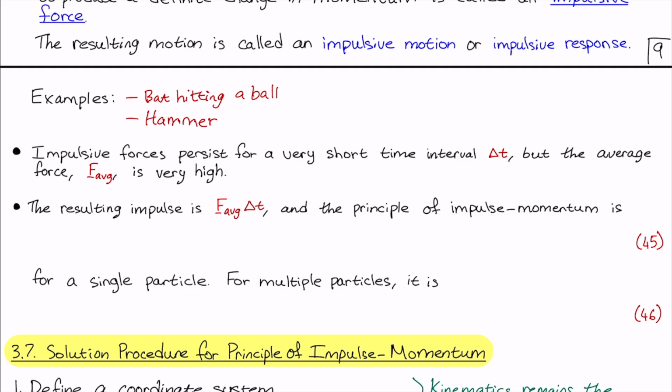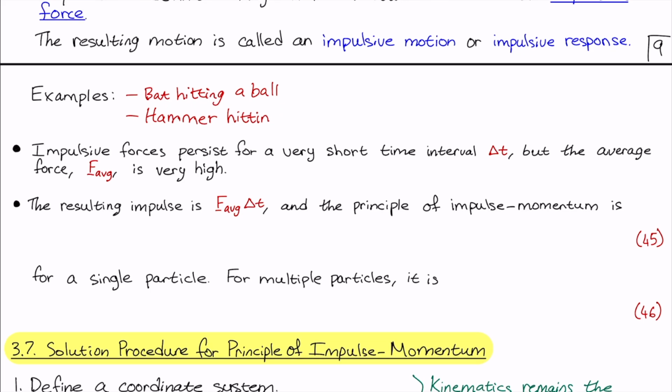So that is an impulsive force as well. And then we measure the impulsive response of our structure. So we're talking about these very short duration but high amplitude forces that then cause the system to have a definite change in momentum.